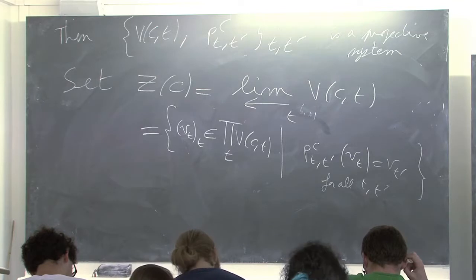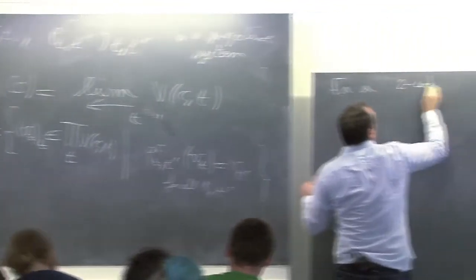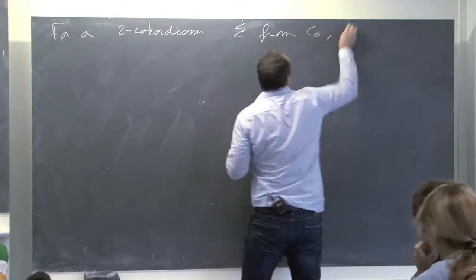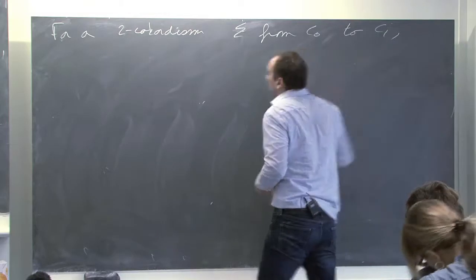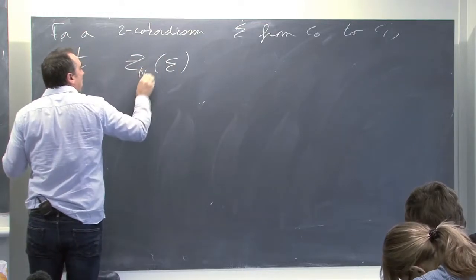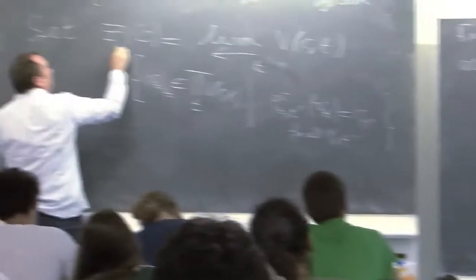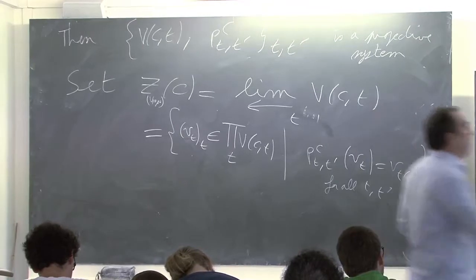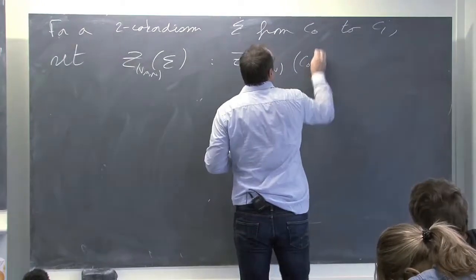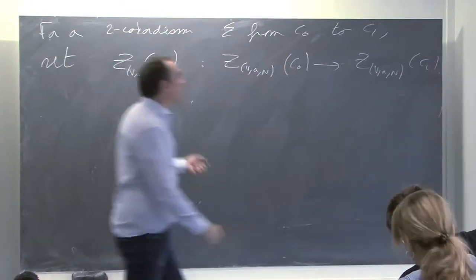For a cobordism Sigma from C0 to C1, we define this linear map Z of Sigma from Z(C0) to Z(C1).